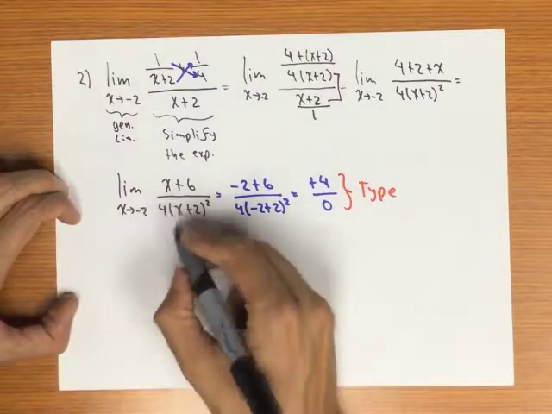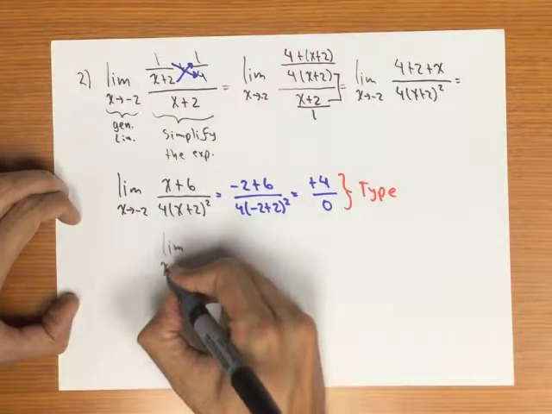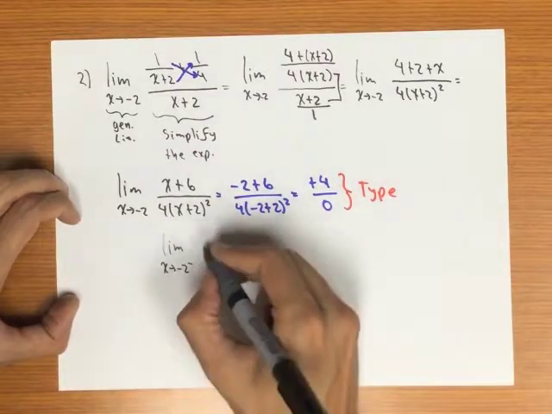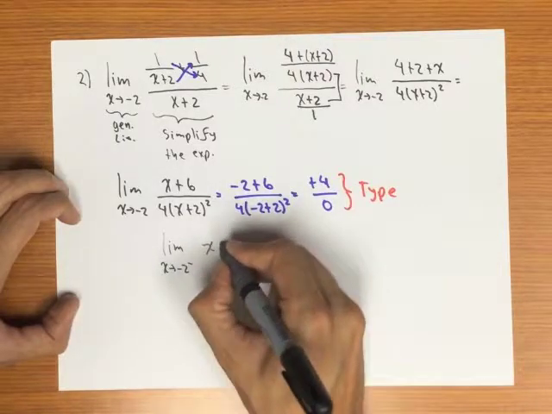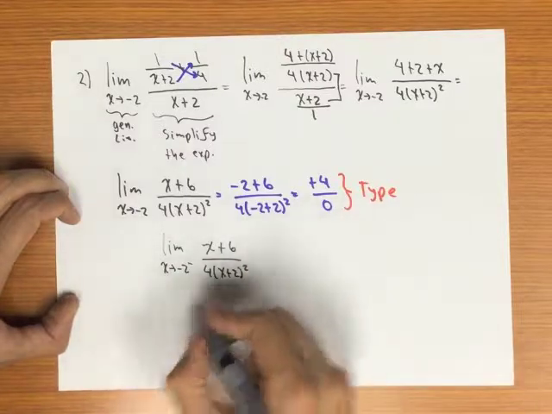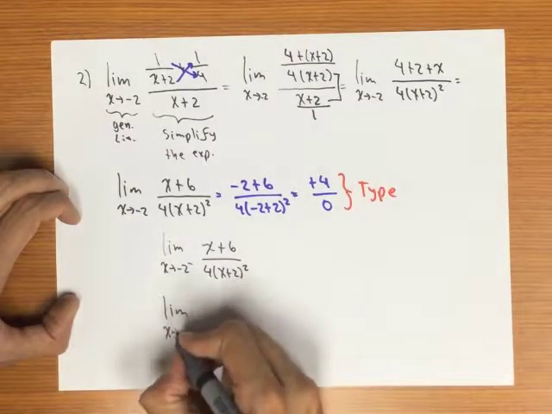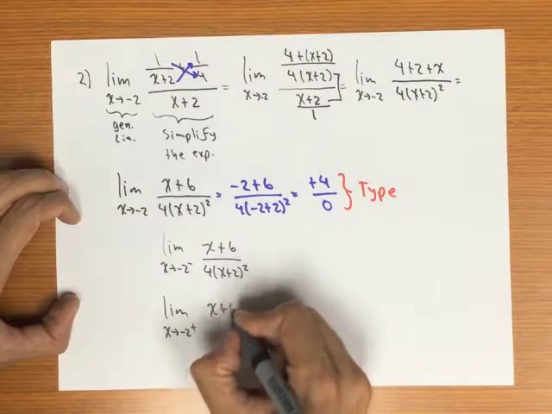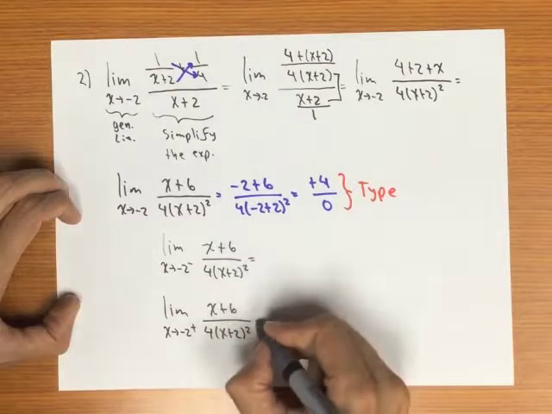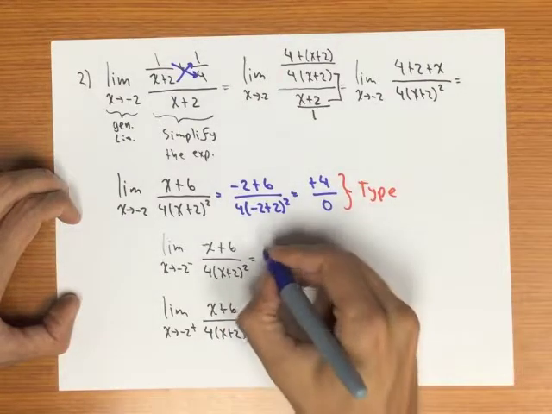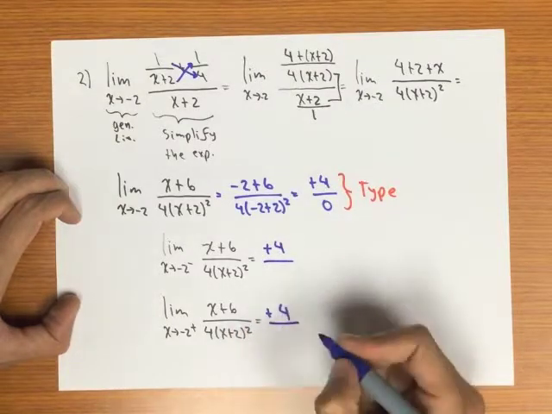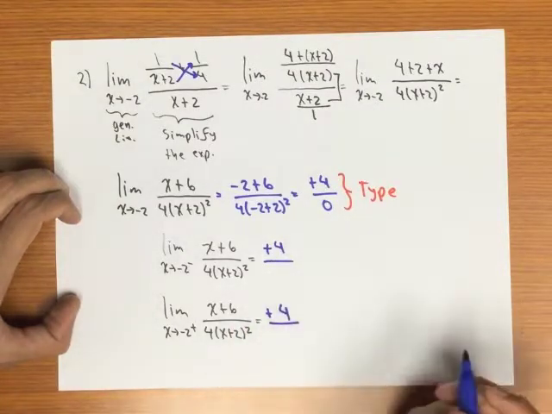Because this is a general limit, you will evaluate what is happening from the left side, the limit when x approaches -2 from the left of x plus 6 over 4 times (x plus 2) squared, and the limit when x approaches -2 from the right of x plus 6 over 4 times (x plus 2) squared. So you will have here the number 4. This number 4 stays on the numerator for both evaluations, plus 4 over something and plus 4 over something.